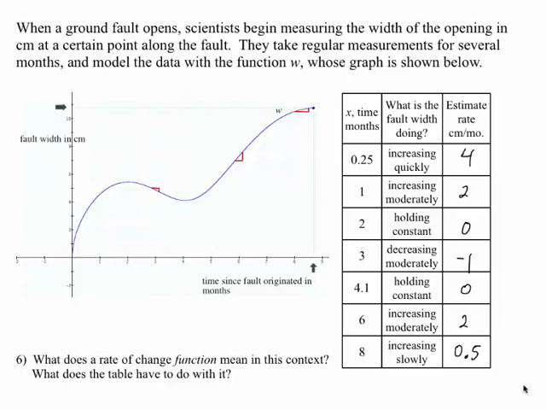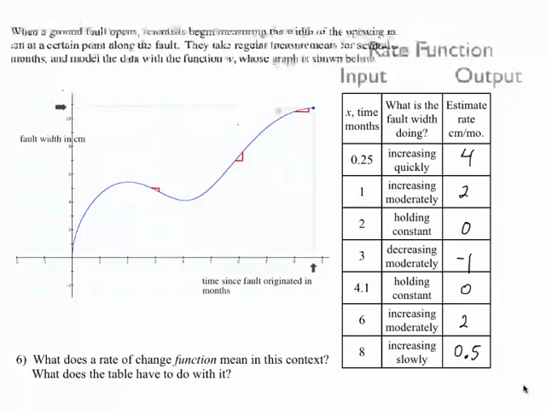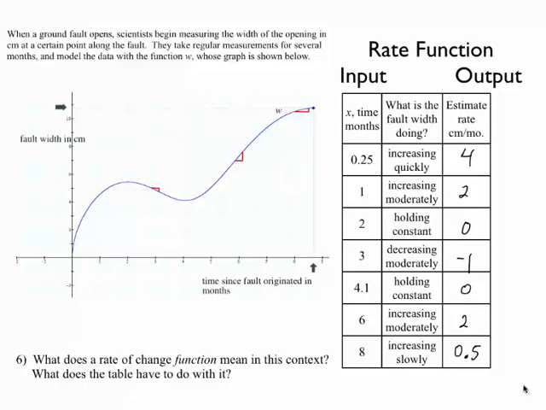So what does the table have to do with that? The table is a representation of the function. It's showing the rate function for some of the time in months. So our input of the function is time in months, and the output is the corresponding rate of change. Again, a rate of change function is just a whole set of lots of points.